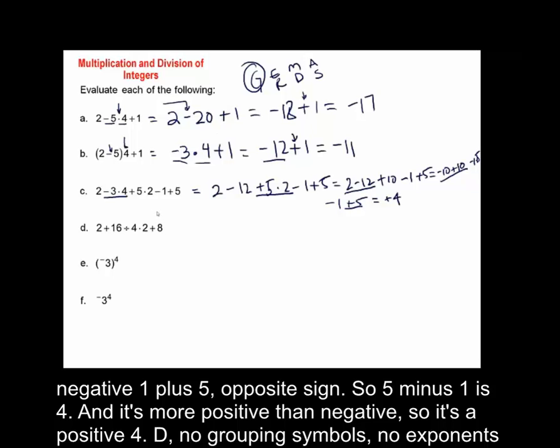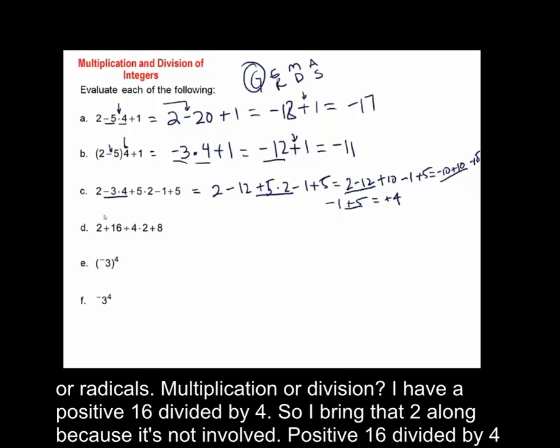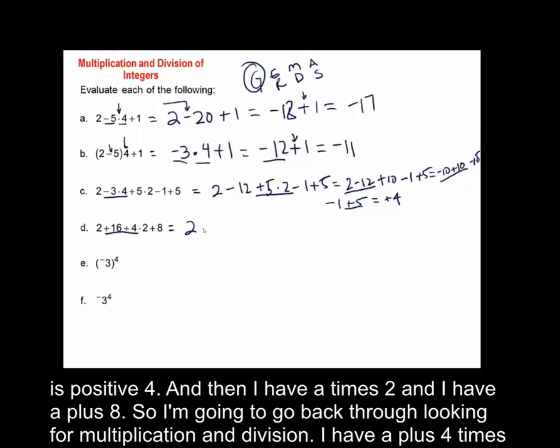D, no grouping symbols, no exponents or radicals. Multiplication or division, I have a positive 16 divided by 4, so I bring that 2 along just because it's not involved. Positive 16 divided by 4 is positive 4, and then I have a times 2, and I have a plus 8. So now I'm going to go back through looking for multiplication and division.